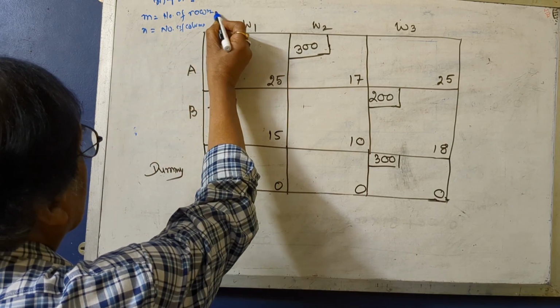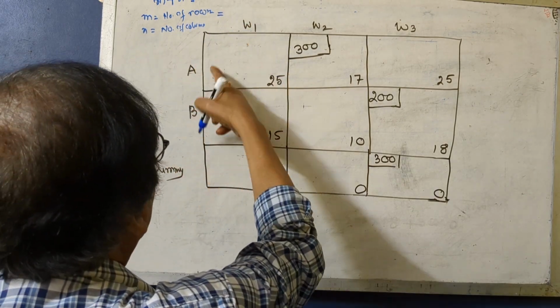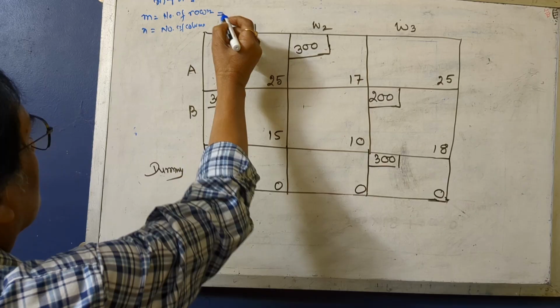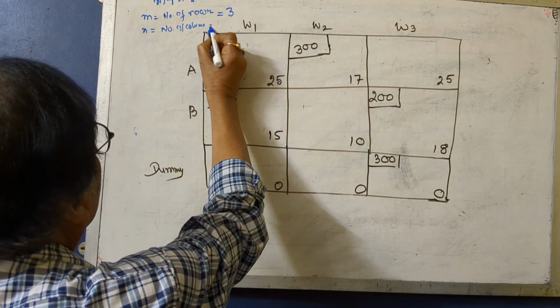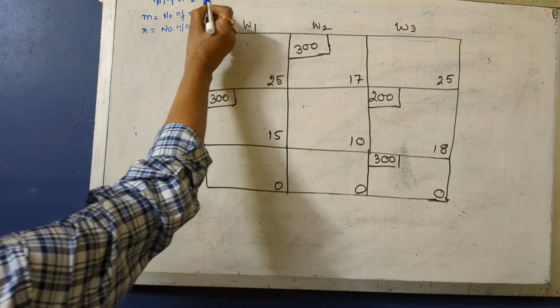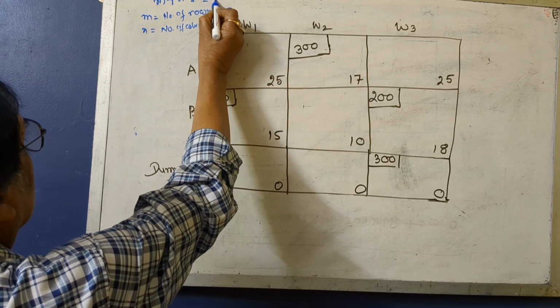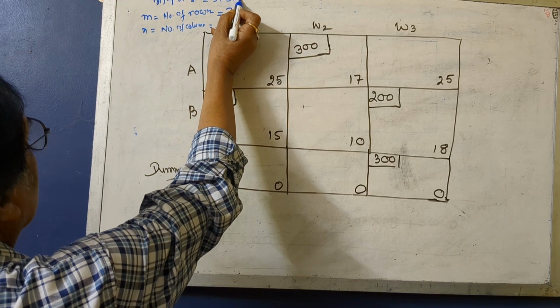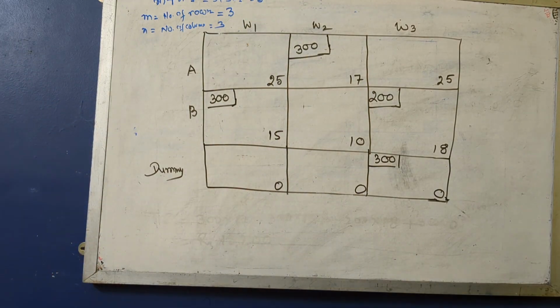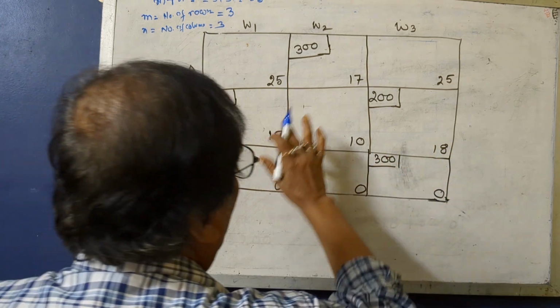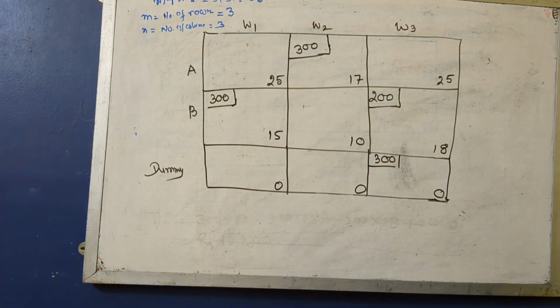In this case, m is the number of rows: 1, 2, 3, so 3. Number of columns: 1, 2, 3. The total number of allocations must be 3 plus 3 minus 1, that is 5. Five allocations are required to apply MODI.